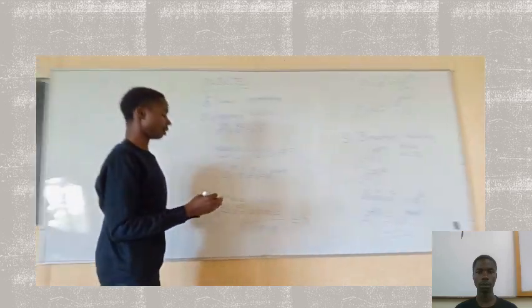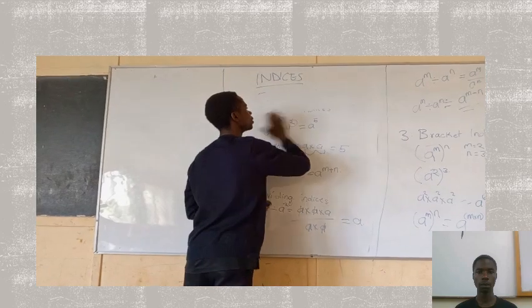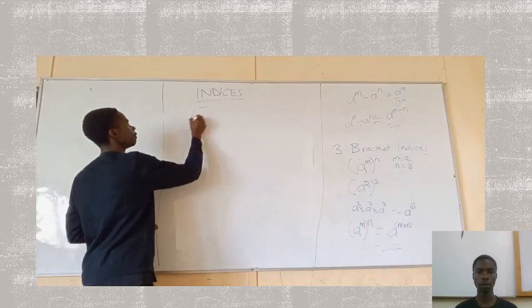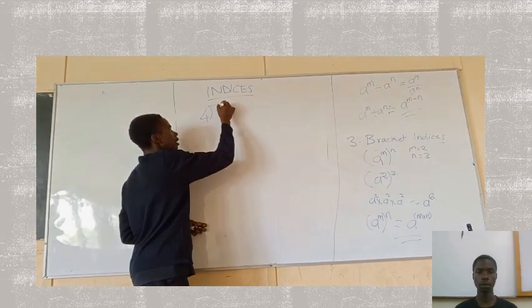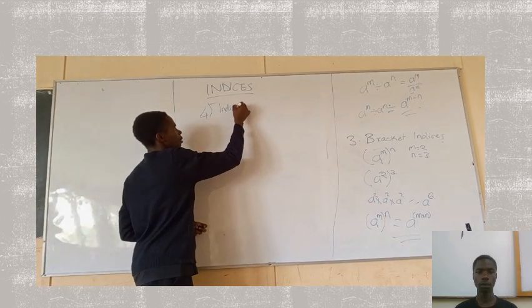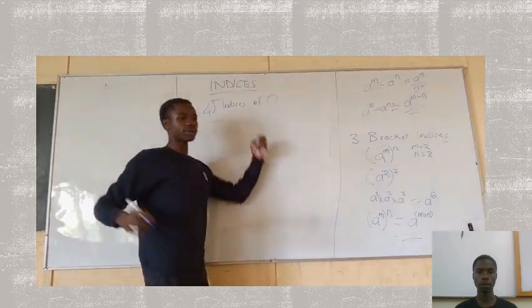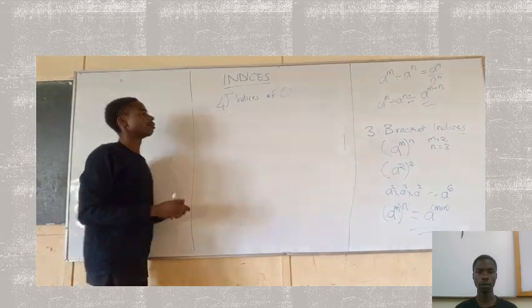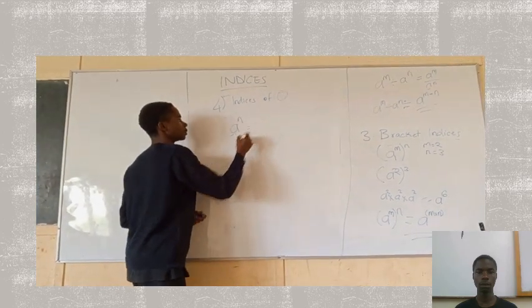And the next we are going to talk about is the fourth law. We are going to talk about zero indices. What are we talking about here? For example, we have a number a^0.